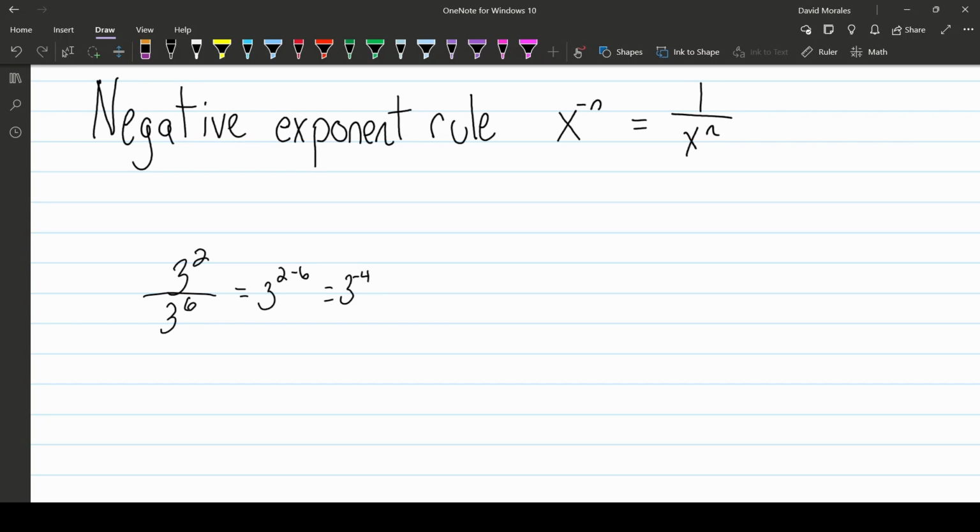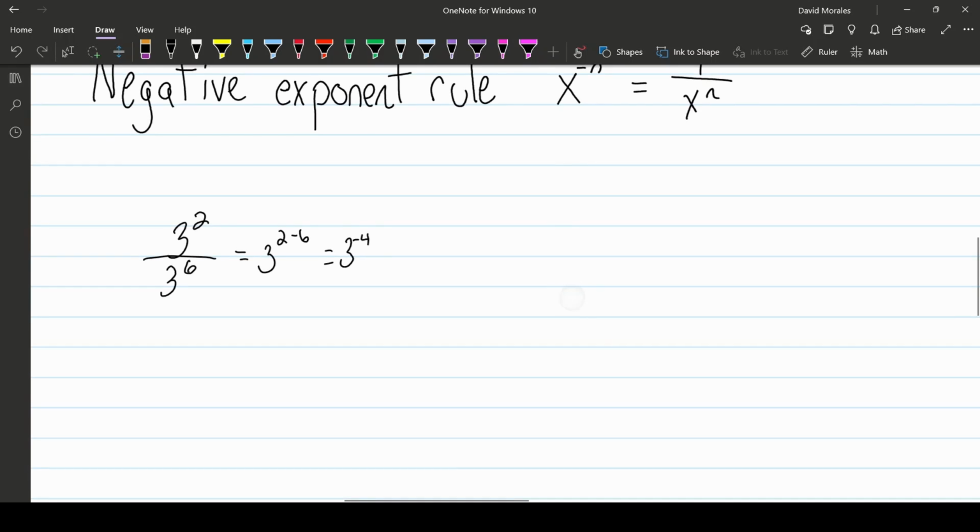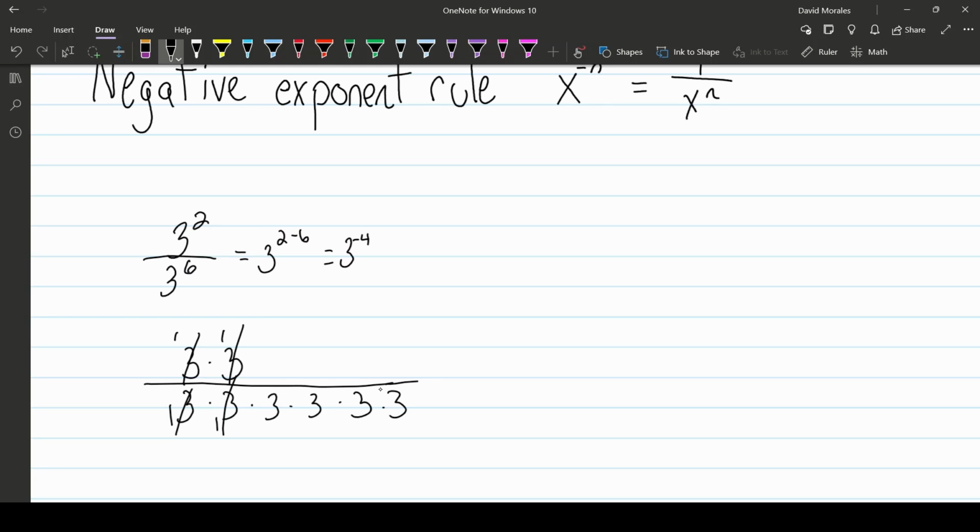Well, if I were to expand it, if I had 3 to the second, which is 3 times 3, and then on the bottom, I have 3 to the 6, which is 3 times 3 times 3 times 3 times 3 times 3. Then they cancel each other out. 3 divided by 3 is 1, until one of them gives out.